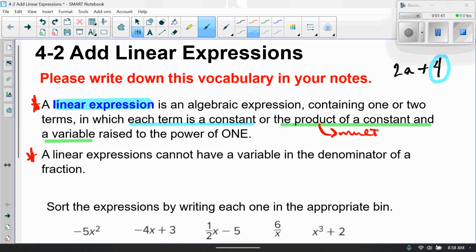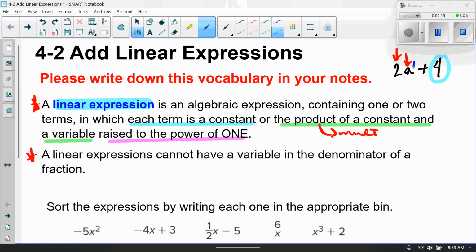So a constant, for example this one, 2, and a variable, a, 2a. So that's that. Raised to the power of 1. Now remember, if there's no number on the exponent, that means it's to the first power. So 2a plus 4, that is a linear expression. Okay?